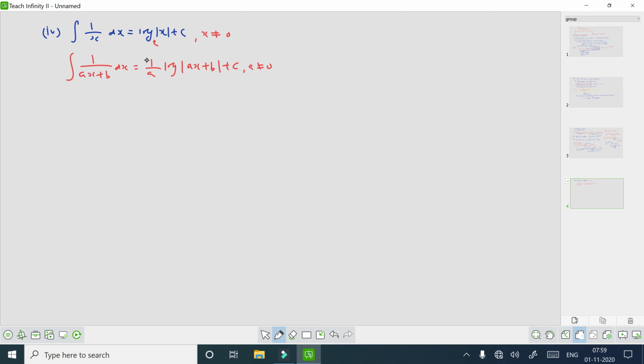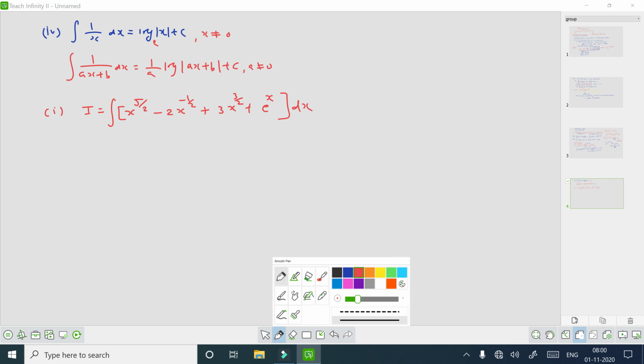For example, the first one: I is equal to the integral of x raised to 5 by 2 minus 2x raised to minus 1 by 2 plus 3x raised to 3 by 2 plus e raised to x, whole into dx. Let us integrate this. As per the working rule, we can separate it term by term.